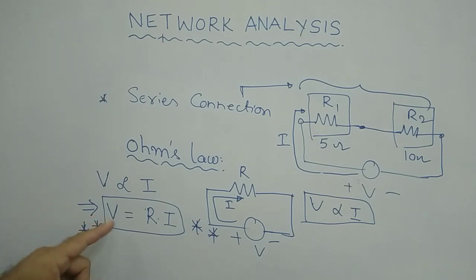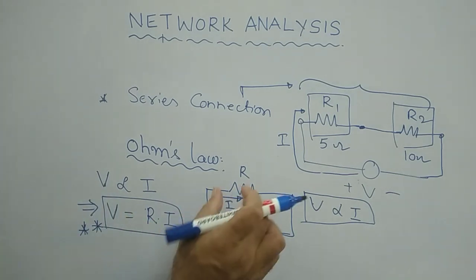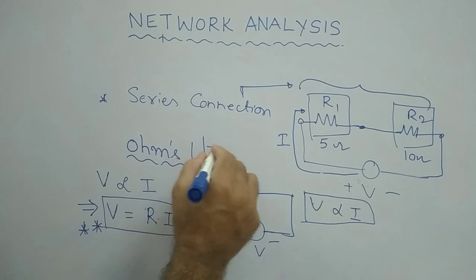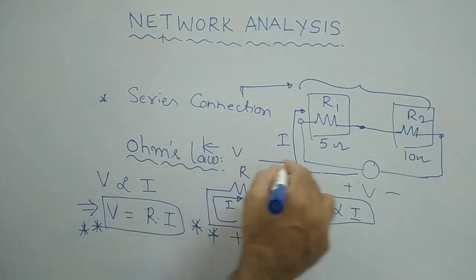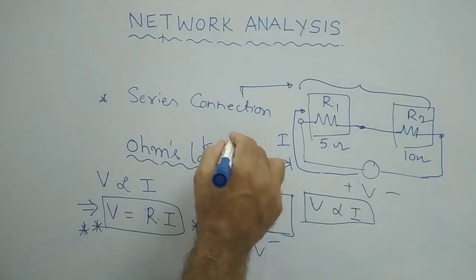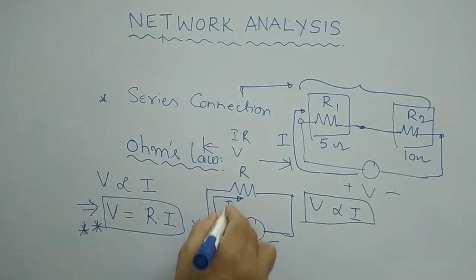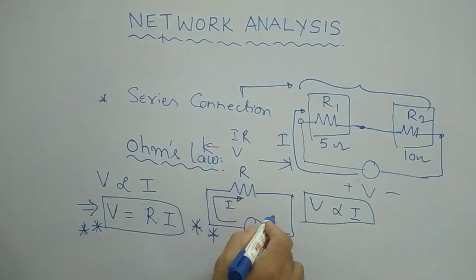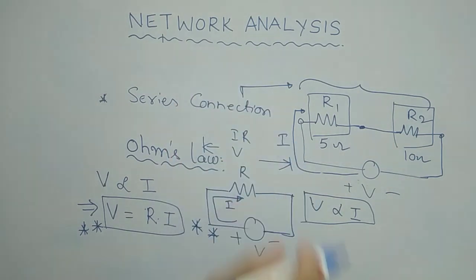By the way, this much voltage appears across the resistor element R. This is the resistance. Across this resistor, the voltage V will appear, and this V is equal to I into R. It means the product of the current flowing through the circuit multiplied by the resistance value.